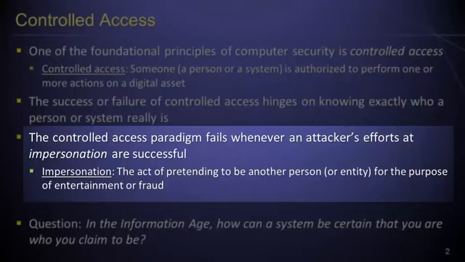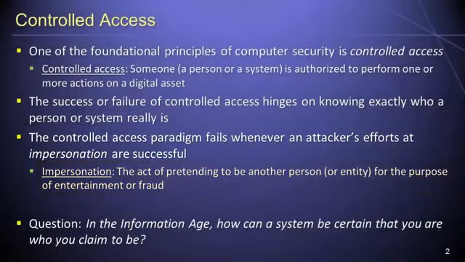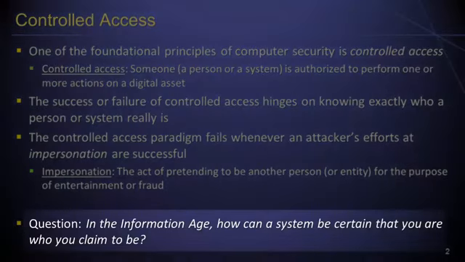Impersonation, then, defined, is the act of pretending to be another person or another entity for the purpose of entertainment or fraud. And in the information age, since it is systems that are granting or denying us access to these digital assets, an important question to ask ourselves is, how can a system be certain that you are who you claim to be?